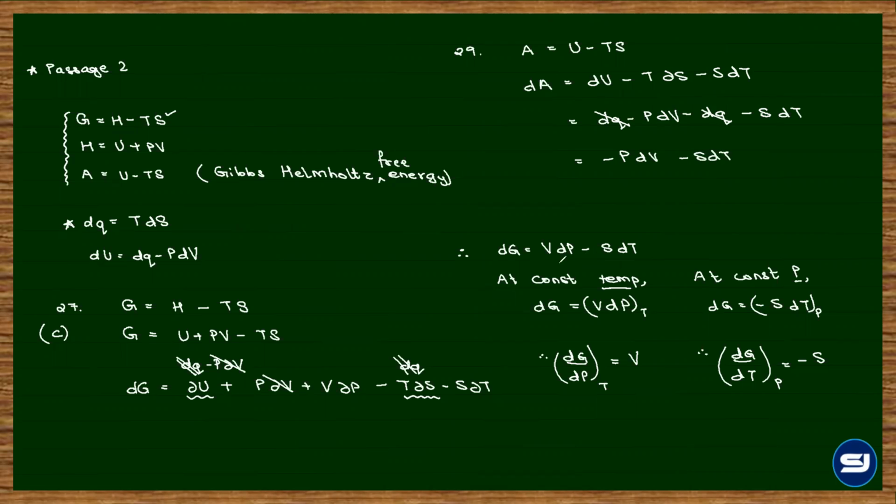A similar form has come. Now if I take constant temperature, dA by dV will become equal to minus P at a constant temperature, and at constant volume, dA by dT is equal to minus S. Understood how to derive the relations? So in 29, options A and B are correct.